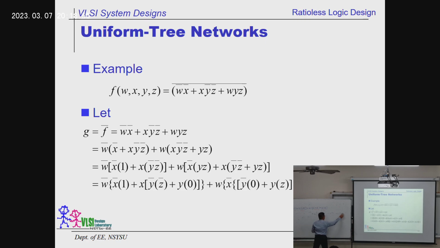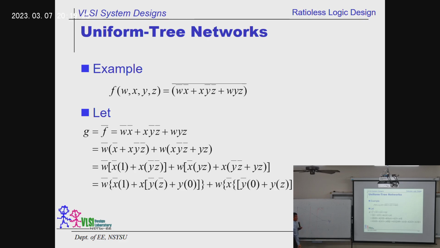So if you follow the uniform tree decomposition, you are going to get something like this one. You are going to get a big triangle, and this is the output. The first variable that it decomposes is W. So W and W bar will come over and take over everything close to the output.